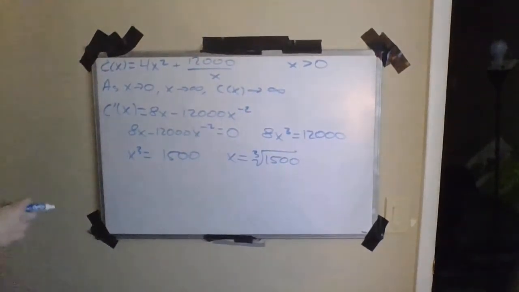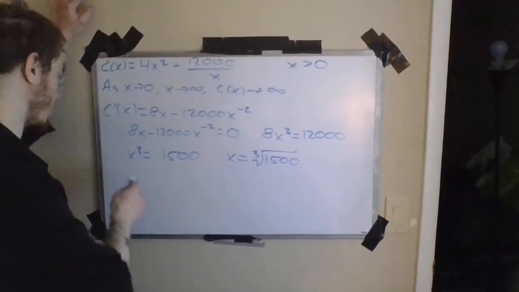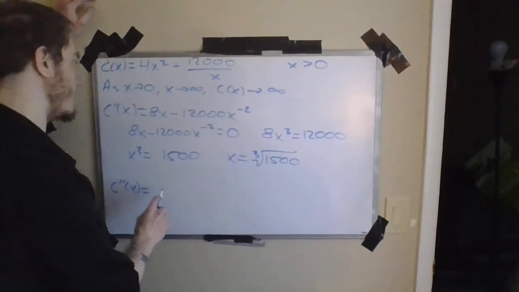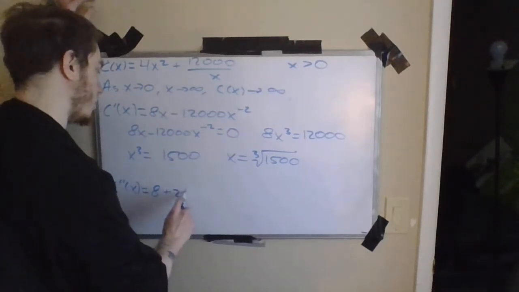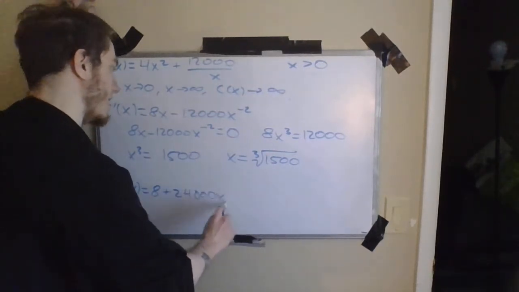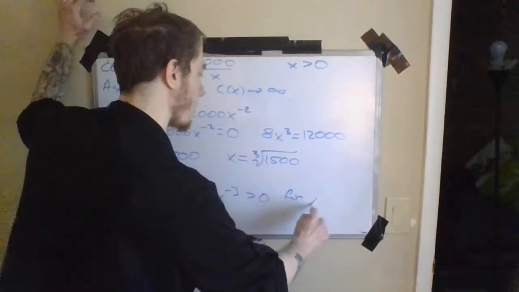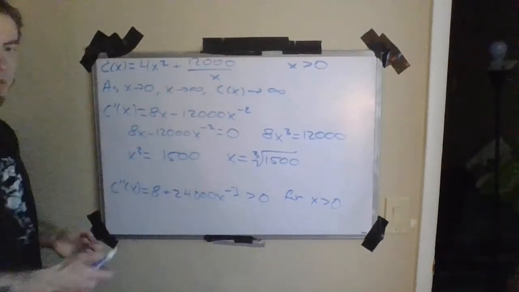Actually, in this case, it's even easier to see that it is a minimum because we can say, well, look, c double prime of x is going to be equal to 8 plus 24,000 x to the minus 3, which is bigger than 0 for x bigger than 0. So by the second derivative test, this is a minimum as well.